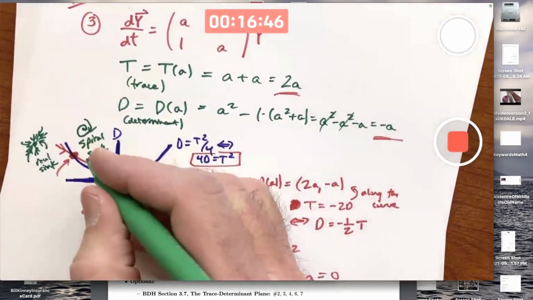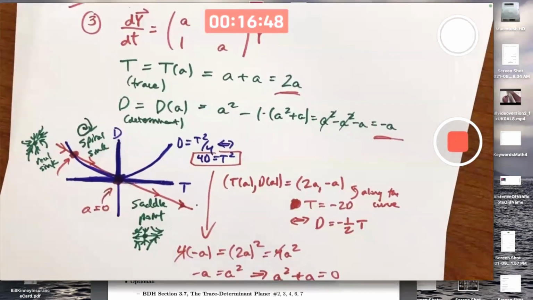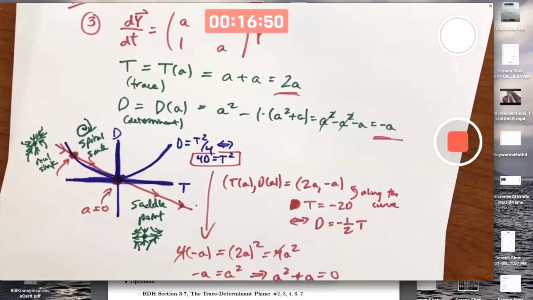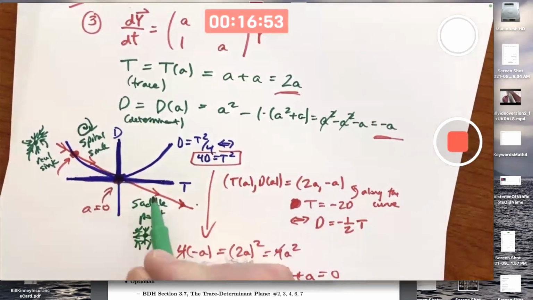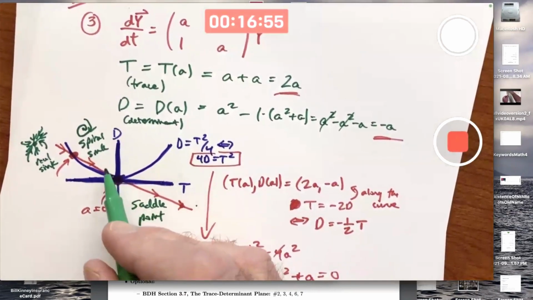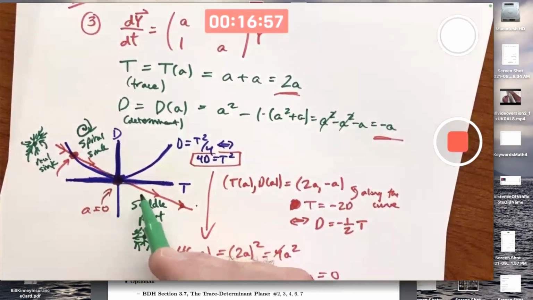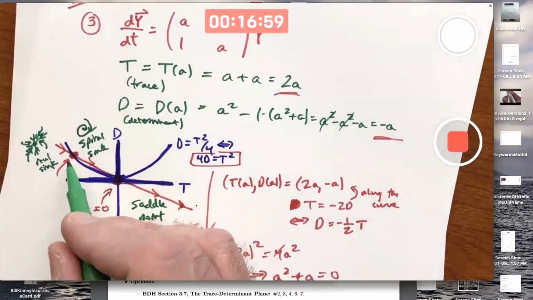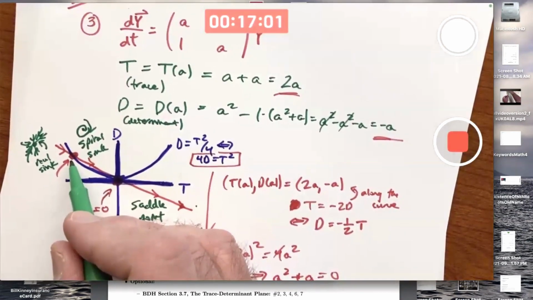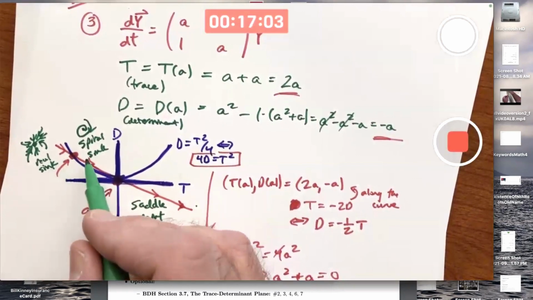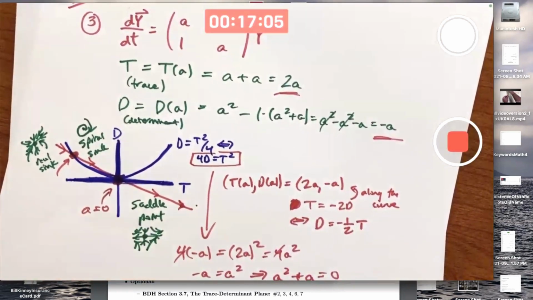Some people, I call them topologists, say we only get a bifurcation at A equals 0 because you're transitioning from being a sink to a saddle point. And a topologist would say there's no bifurcation here from a real sink to a spiral sink because the topologist doesn't distinguish between non-spiral and spiral.